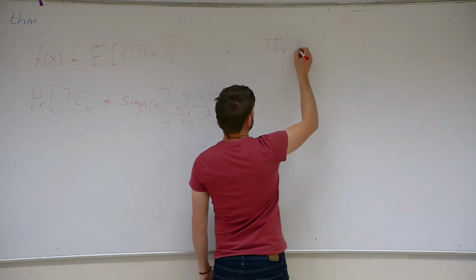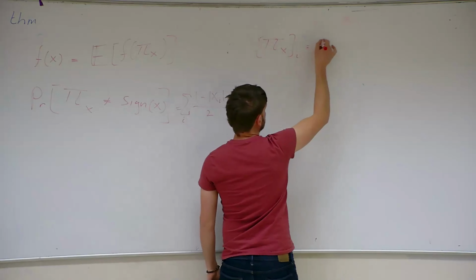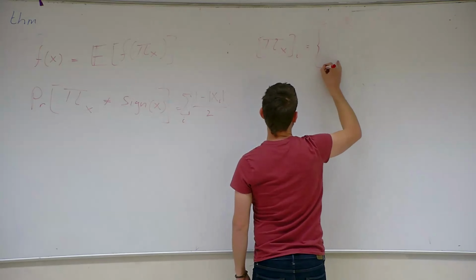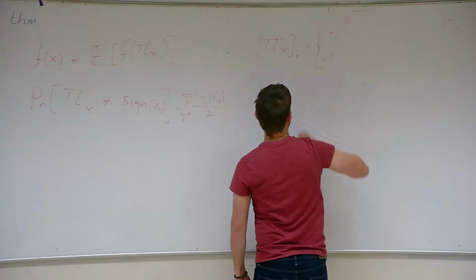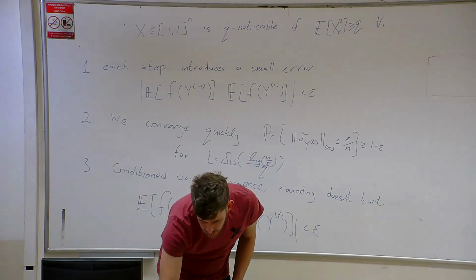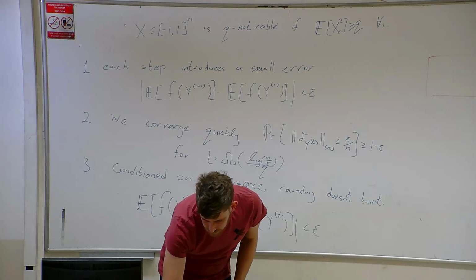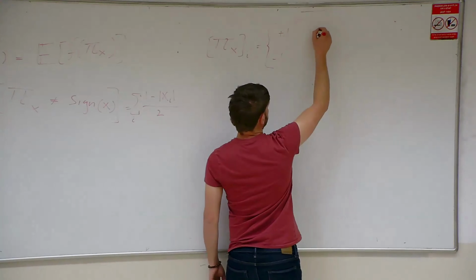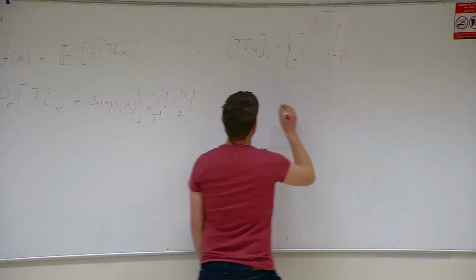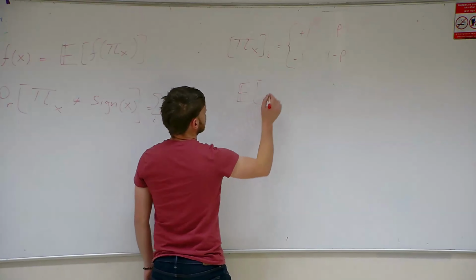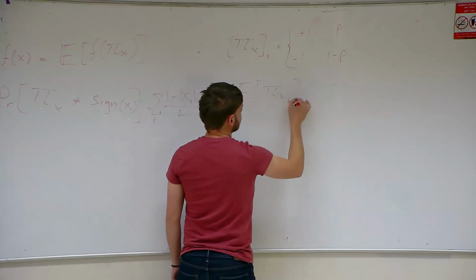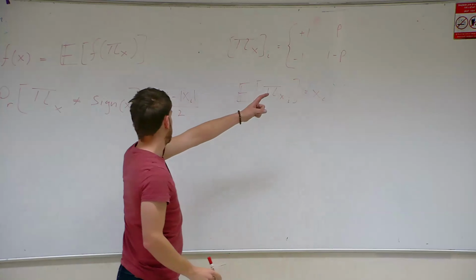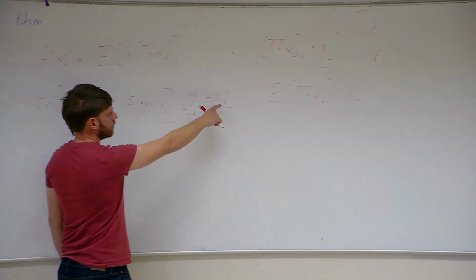So maybe I should write pi x in the i coordinate equals plus 1 with some probability and minus 1. So this is p and this is 1 minus p, and we want the expectation of pi x in the i coordinate equals xi, and I think the suitable p is 1 minus sign of xi over 2.